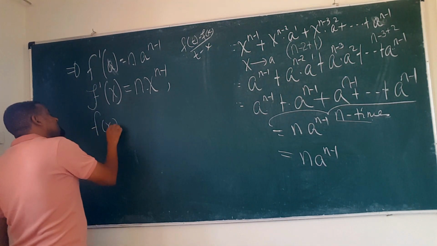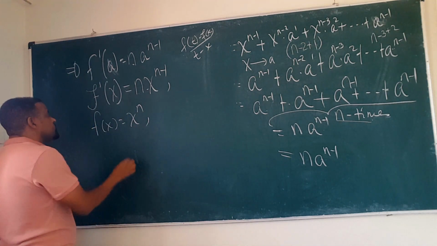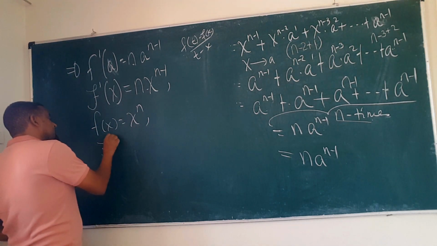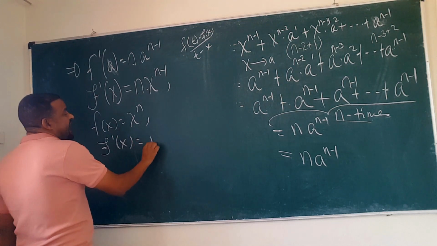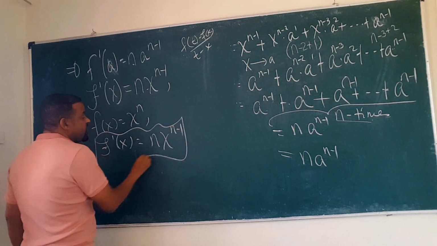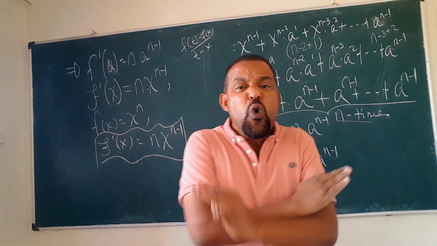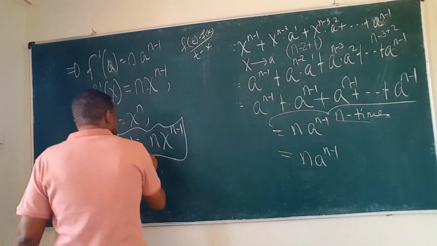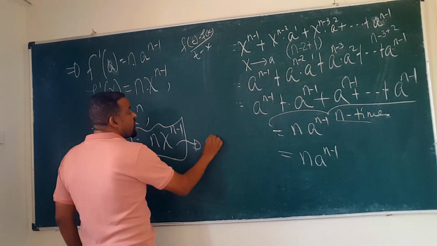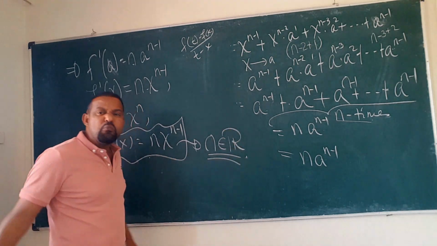So for the function f of x is equal to x the power of n, the power function, its derivative is given by n times x the power of n minus 1. This formula is working for every real number, n is an element of the set of real numbers.